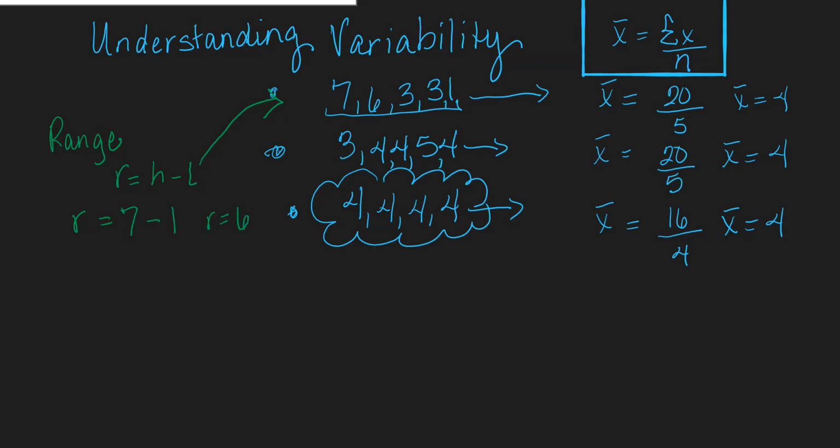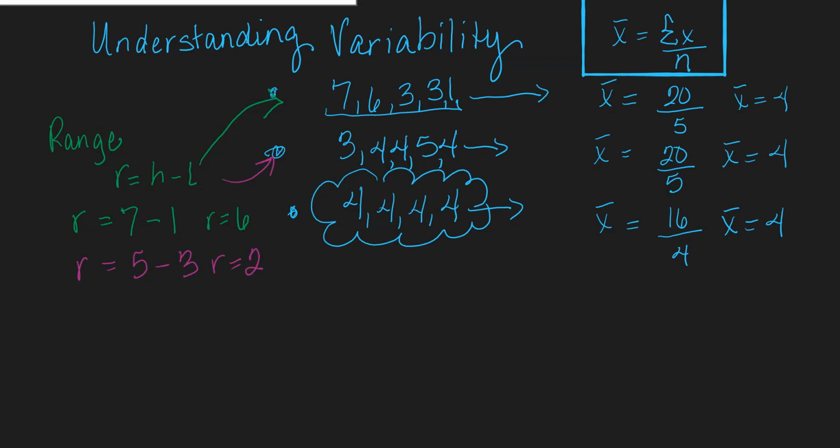And so the range for that first set of scores is 6. Let's take a look at the second set. The range is equal to the highest score minus the lowest score, and so our range is 2.